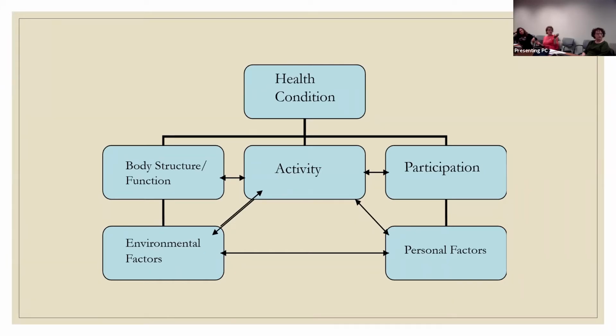The environmental factors are going to be the type of home they live in, whether they feel safe in their neighborhood, how they get around, whether they take public transportation, whether they live in a 2-story home or a 1-story home, and who lives with them, or whether they are there by themselves.